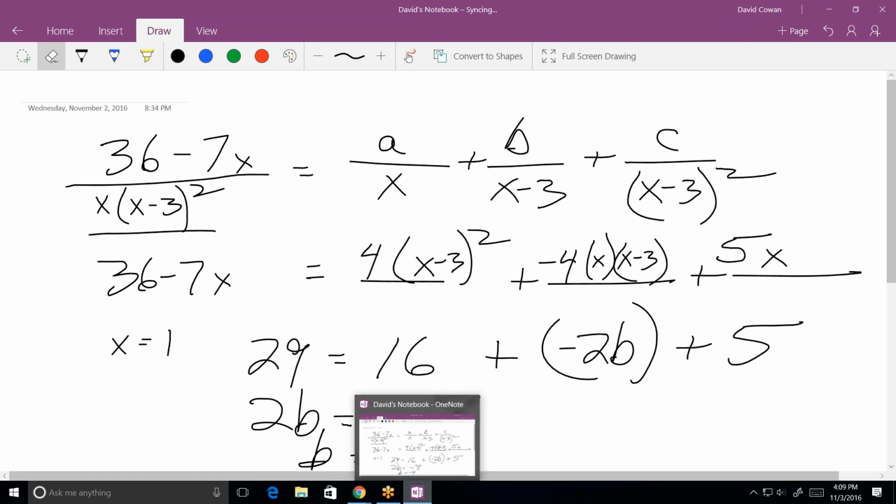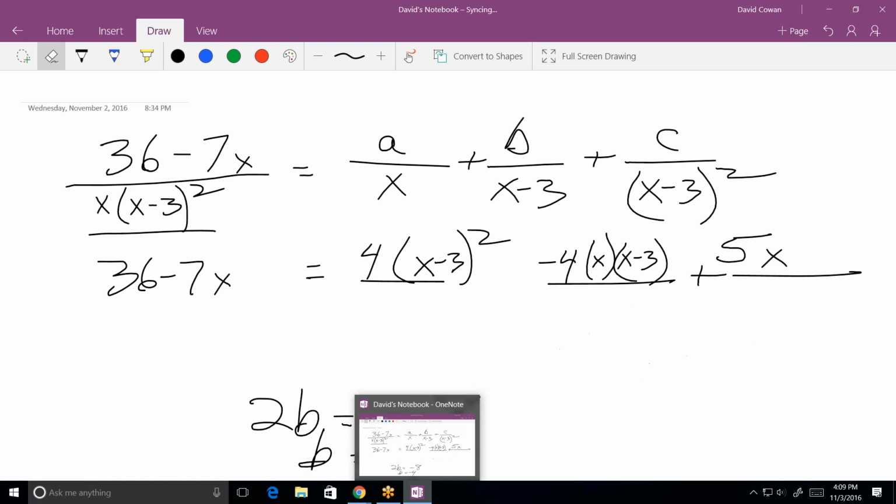In other words, we found that the only thing that we couldn't use this method on was, here's where I should write it, was when you end up with a bx plus c in the numerator. That's 4, that's minus 4, and that's 5.